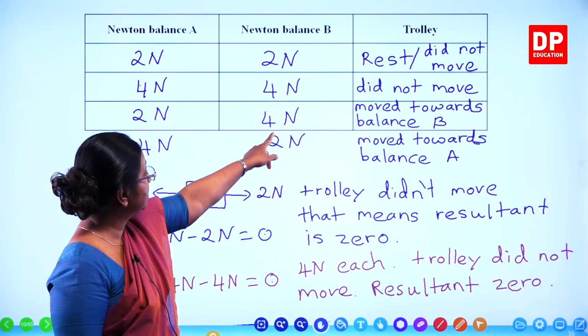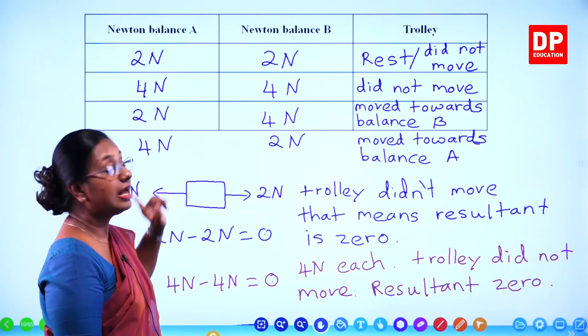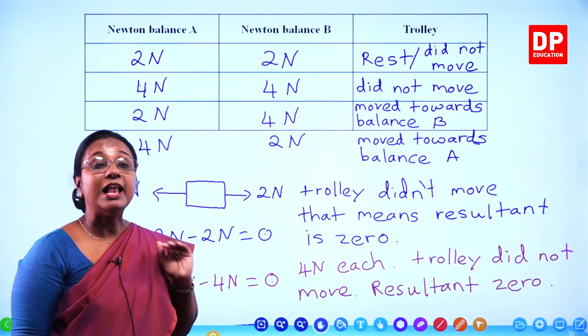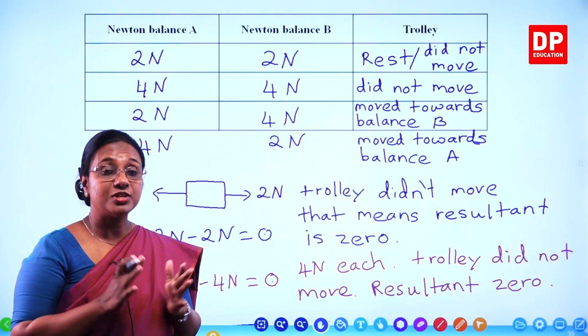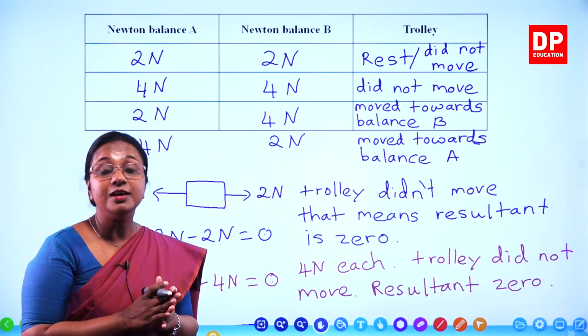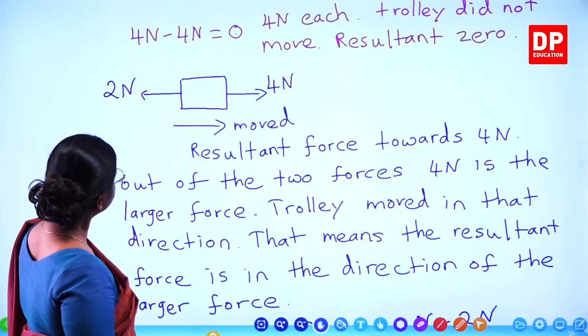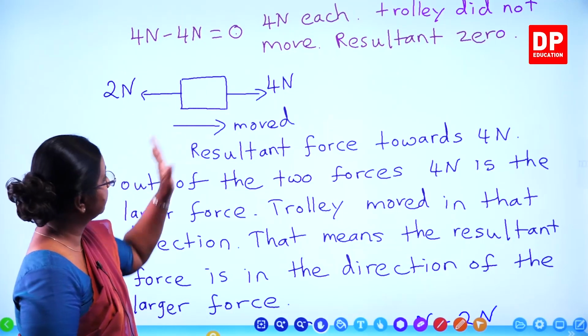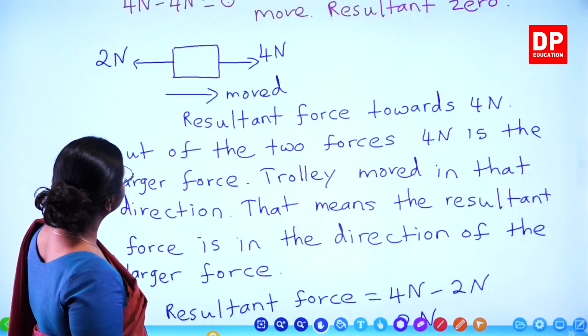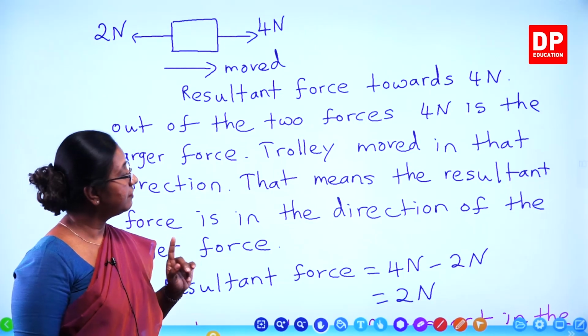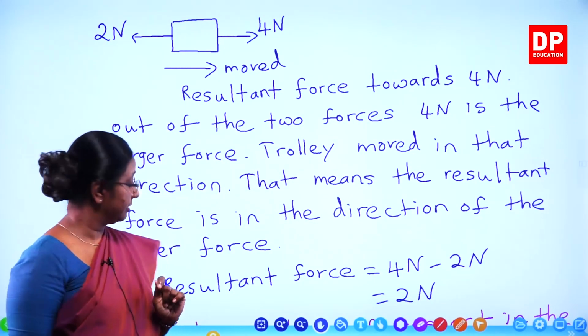Here it moves towards B, here it moves towards A. So then to calculate the resultant, we have to subtract the smaller force from the larger force. That is what we did here. So first two instances resultant 0, then the next two instances there was a difference and we calculated the resultant.